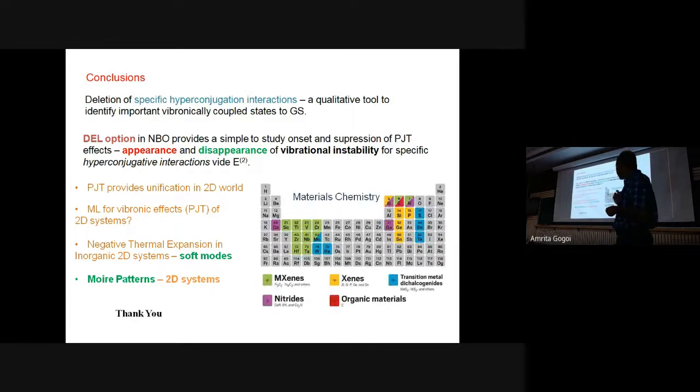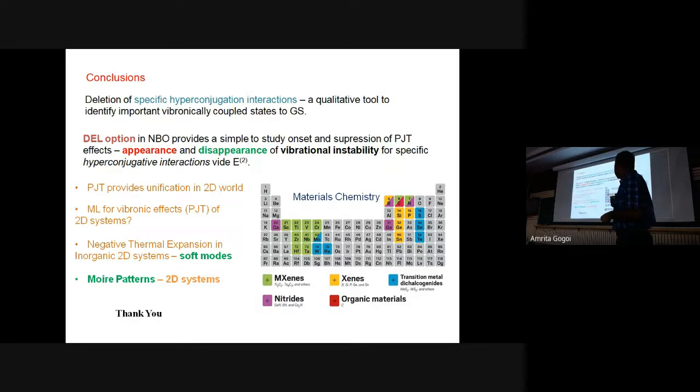The other important point which we have realized is that, as you go down the group, for many of these late group elements, the structures are distorted. And I have a feeling that because of the pseudo Jahn-Teller like distortion, because the states are coming close, that probably provides an unification for the overall picture of the chemistry of oxides, sulfides, and other extended solids.